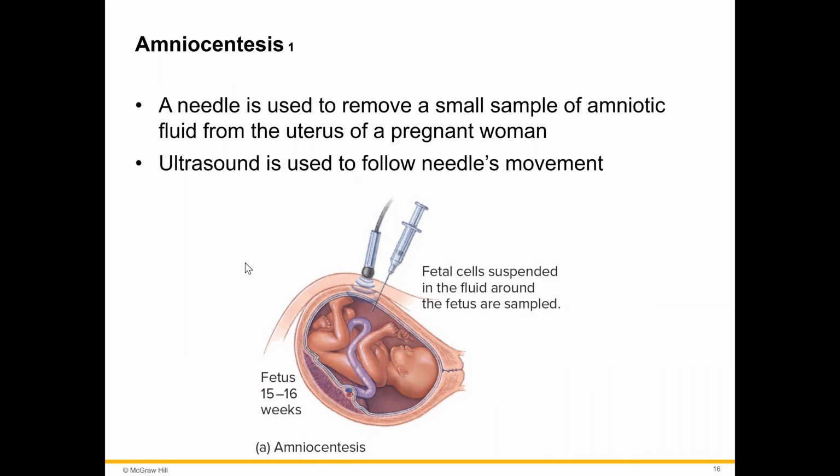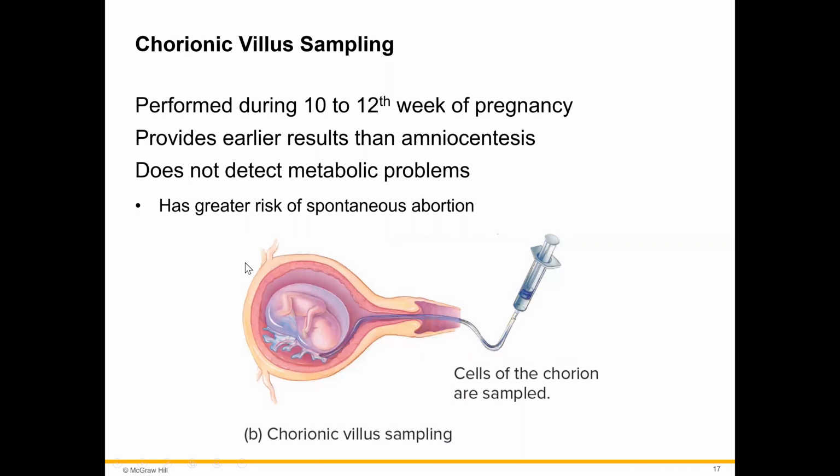The next one is chorionic villus sampling. This can be performed a little bit earlier in pregnancy, at 10 to 12 weeks, and provides earlier results than amniocentesis, but does not detect metabolic problems and has a greater risk of spontaneous abortion.